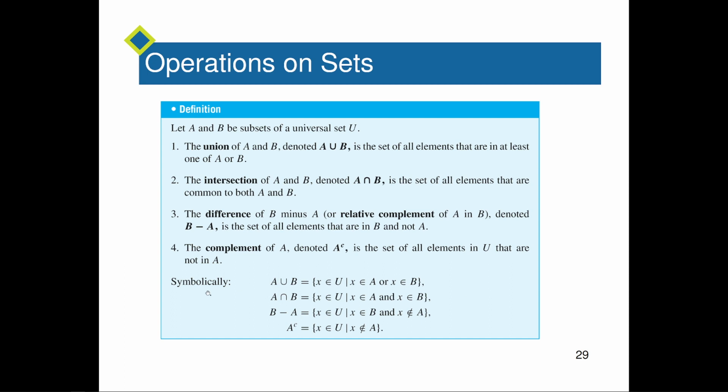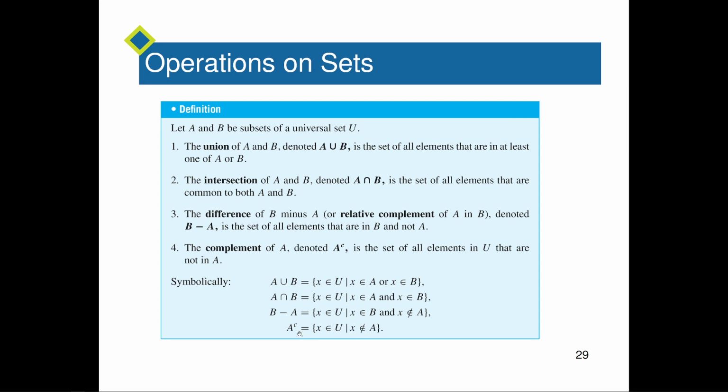So symbolically, A union B is equal to the set of X inside U, where U is the universal set, such that X is inside A or X is inside B, because remember I said at least one, so we only need one element. For the intersection, it's all the elements, so that's why we have and. For the difference, X is inside one of them but X is not inside the other. And for the complement, X is inside the universal set such that X is not inside A.